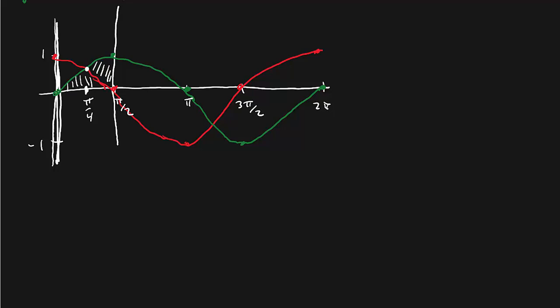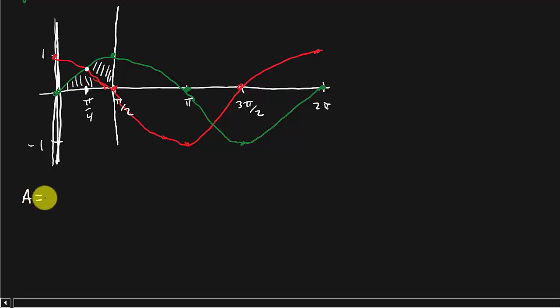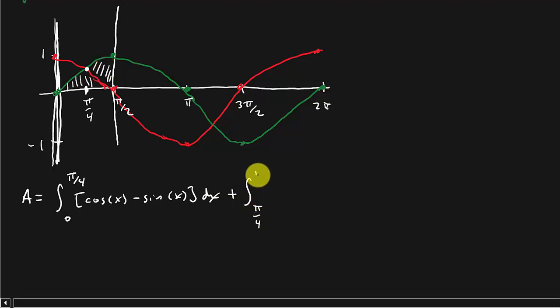All right, so the area is the integral from 0 to pi over 4, that's up to here, and the cosine function's on top, so that's cosine x minus sine x dx, plus the integral, and now we're going to do this region, that's pi over 4 to pi over 2, and the sine function's on top, so that's sine x minus cosine x dx.